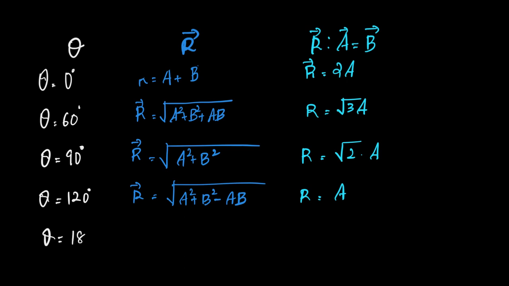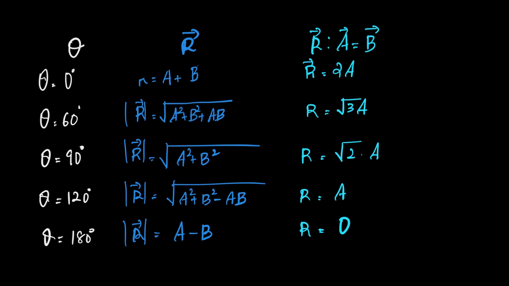And when theta is equal to 180 degrees, r is equal to the difference of magnitudes. I'm sorry that I'm writing the vector symbol everywhere; it should be the magnitude of vector r, which is equal to a minus b. And r here will be equal to 0.